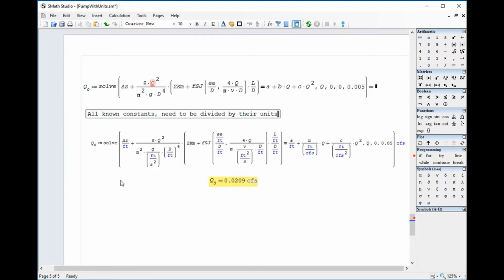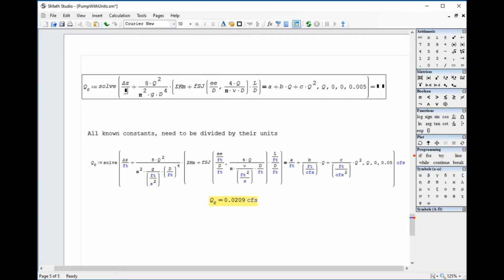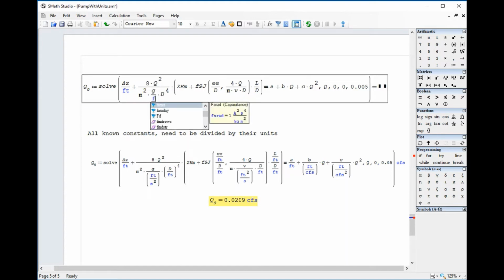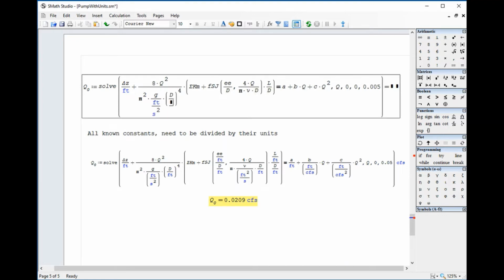So what is happening here is that a variable like delta Z, I'm going to have to divide by quote ft, feet. Q is my unknown, so I won't touch it, but g has units of feet per second square. And D, you click to the right to D, divide by quote feet.